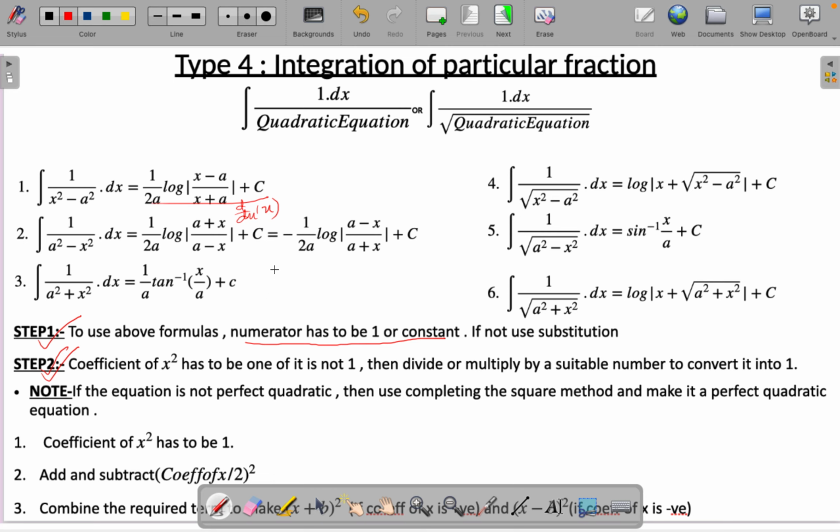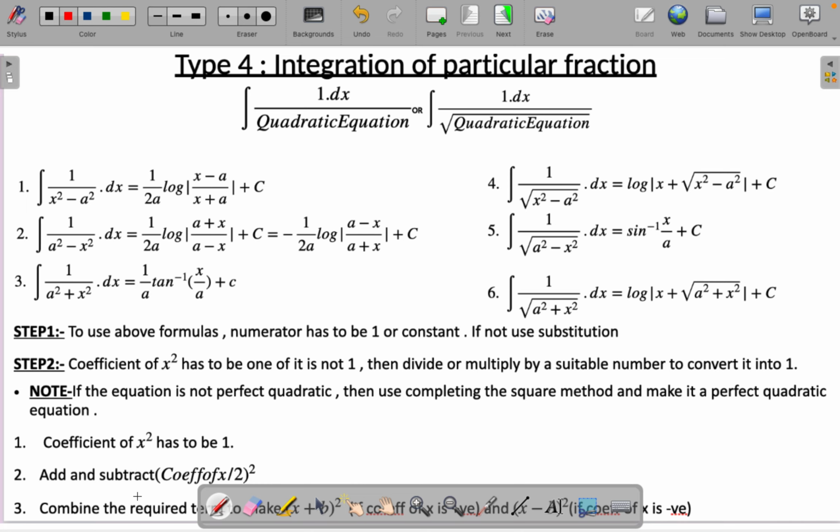Now, the next step: if the expression in the denominator is not a perfect square, then we have to make it a perfect square. How do we do that? First of all, the coefficient of x square has to be 1.